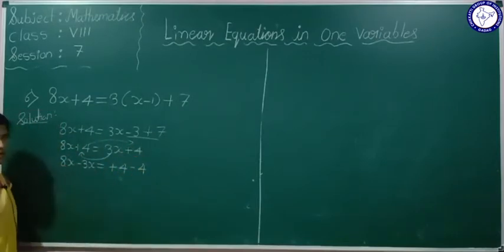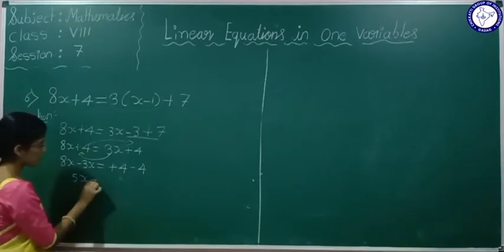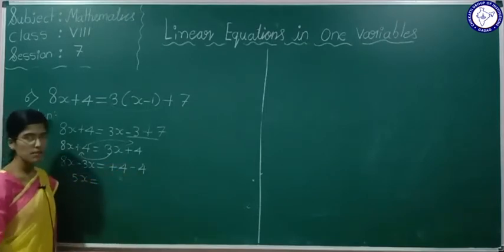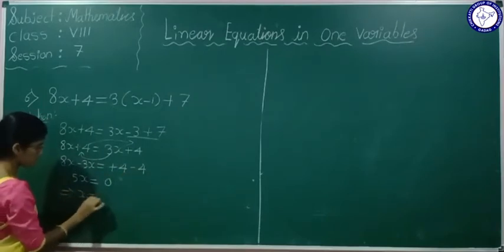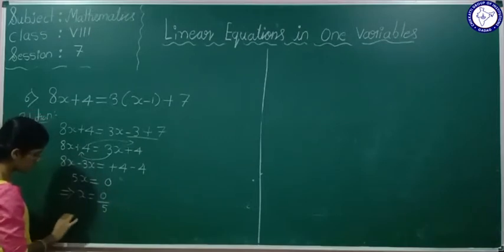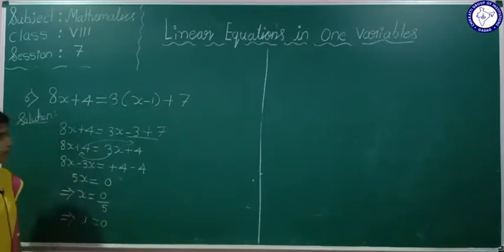What is 8x minus 3x? 5x is equal to, plus minus is minus, 4 minus 4 is 0. So this implies x is equal to 0 by 5, which is what? This implies x is equal to 0.